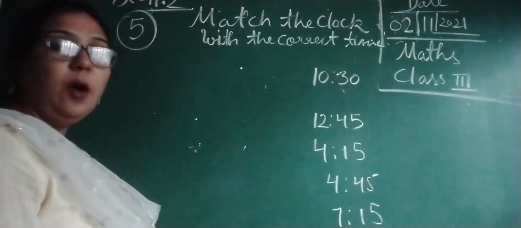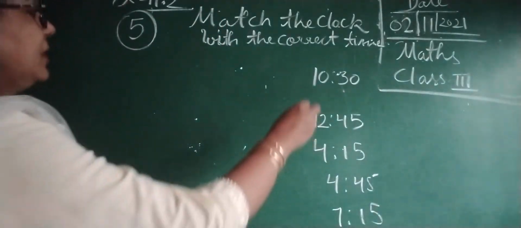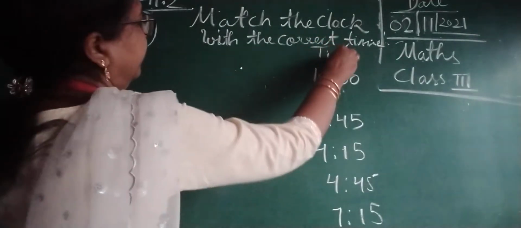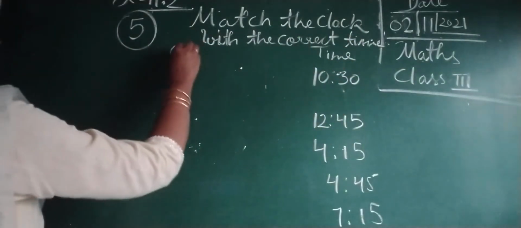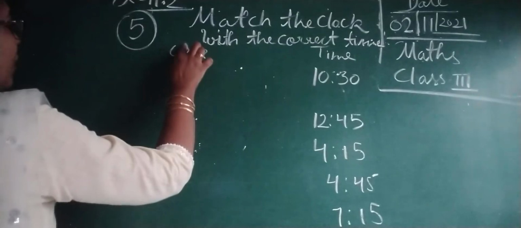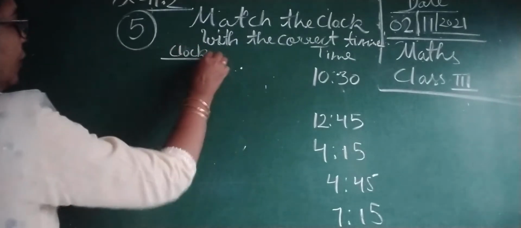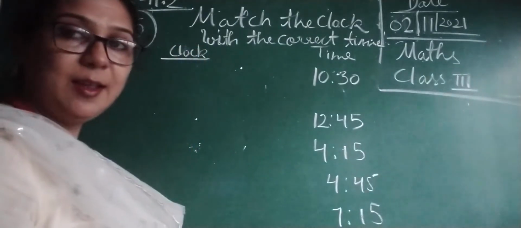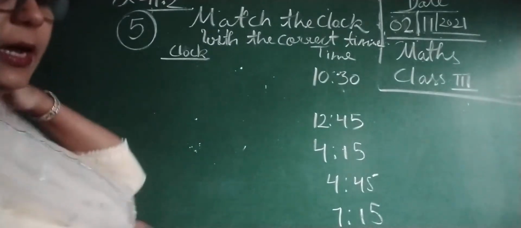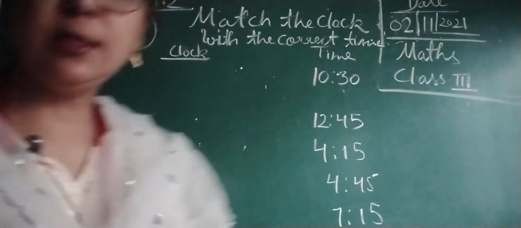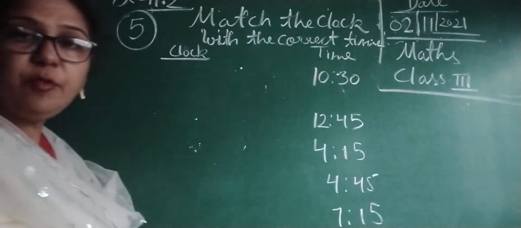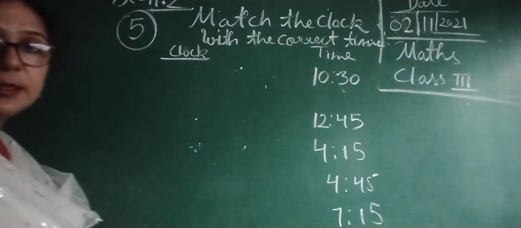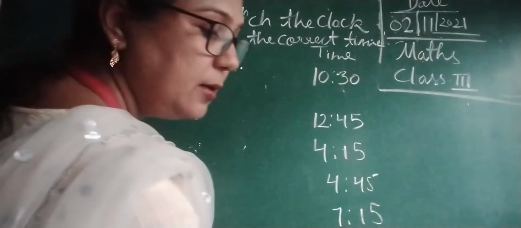Okay, now the time is given over here and the clock we will draw over here. Okay. So children, let's start drawing our clock first, because this is important. We have to learn to draw the clock first. So children, let's start.